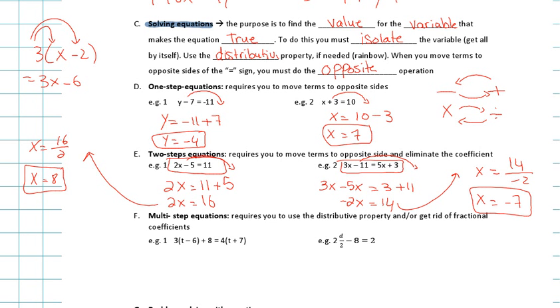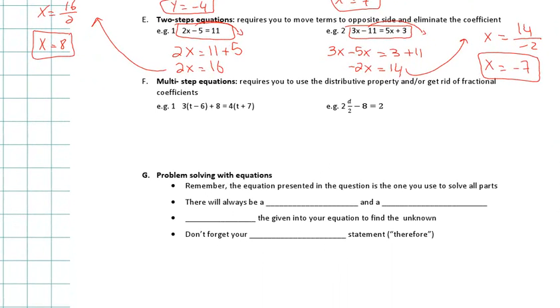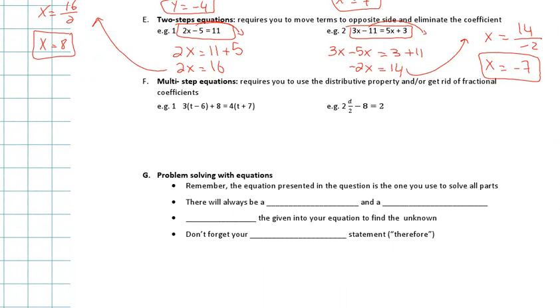So it gets a little bit harder here. So I have this. Remember, the first thing you want to do is get rid of the brackets. What's happening between that 3 and the bracket, the t minus 6? Multiplying, right? So I have to multiply that 3 in. What kind of property is that called?